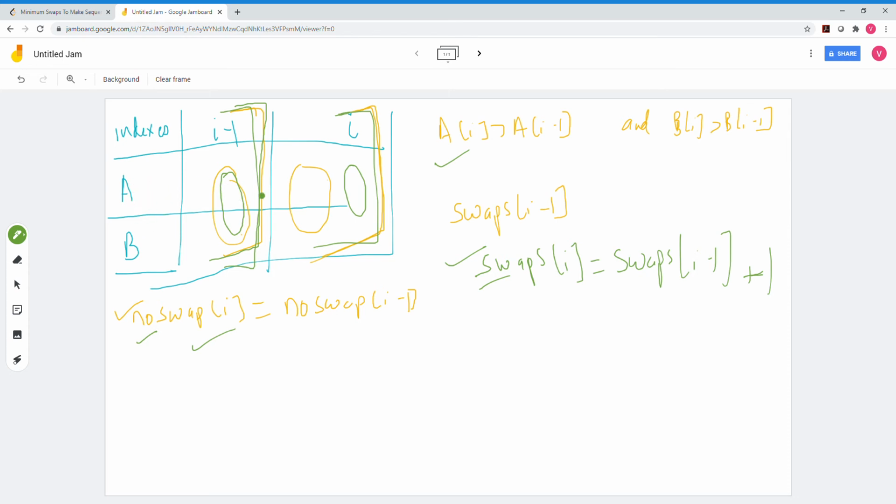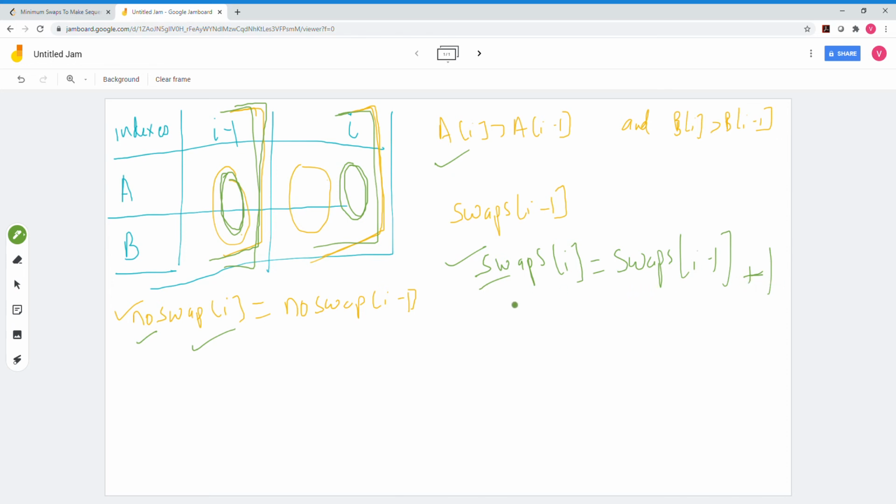So what I will do is, I will find swaps of I minus 1. What swaps of I minus 1 basically means is that it's the cost to make the arrays increasing until the I minus 1th index with a swap here. Now for swaps of I, in addition to this, I am just making one extra swap here with this condition. So swaps of I will simply be swaps of I minus 1 plus 1.